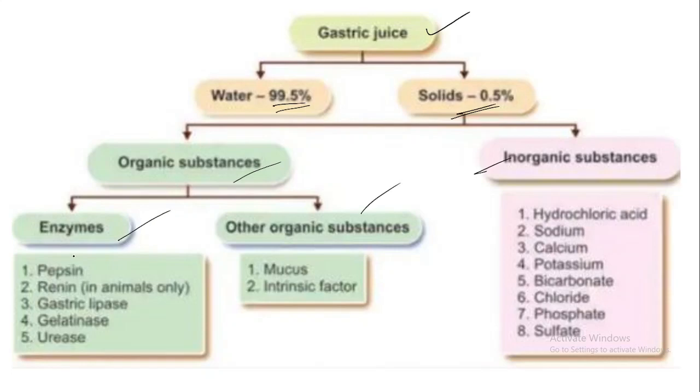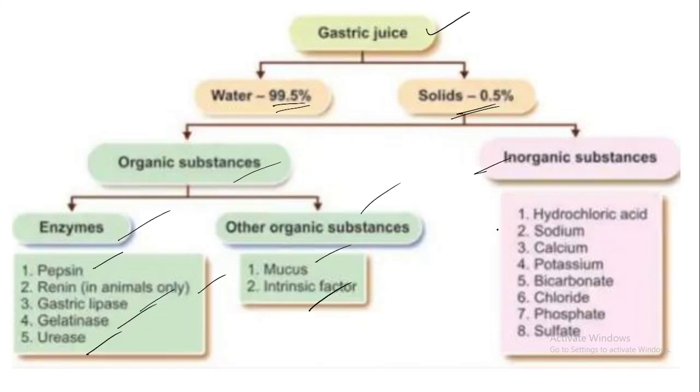So just have a look at the types of enzymes: pepsin, renin. Renin is found only in animals. Then we have gastric lipase, gelatinase, and urease. In other, we have mucus and the intrinsic factor. These are not enzymes, but they are again organic components that are a part of gastric juice.